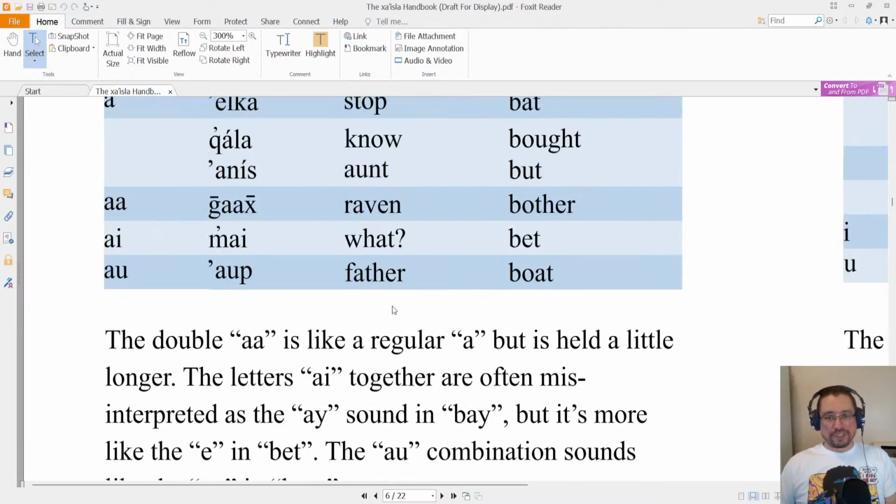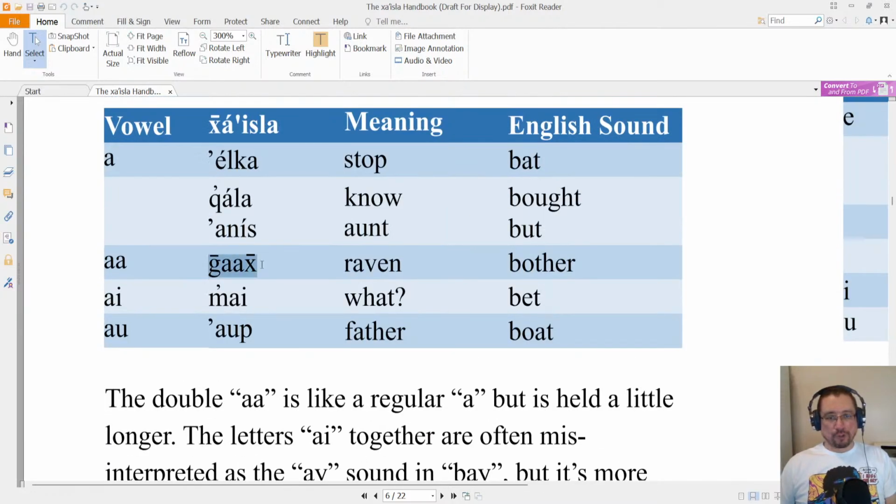So in a word like gach, there's no accent marker here because gach has only one syllable. There's no accent mark in meh because it's one syllable. There's no accent mark in op because it's one syllable.